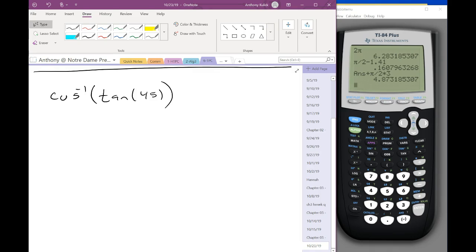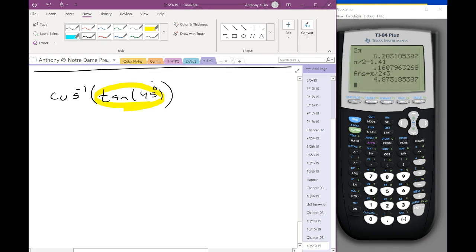Okay. So, what if I want to do cosine inverse of tangent of 45? The question becomes, should I work from the outside in or from the inside out? There is a right answer here. Inside out. So we're going to start by evaluating tangent of 45. How do I do that? Is 45 degrees a familiar looking angle measure?